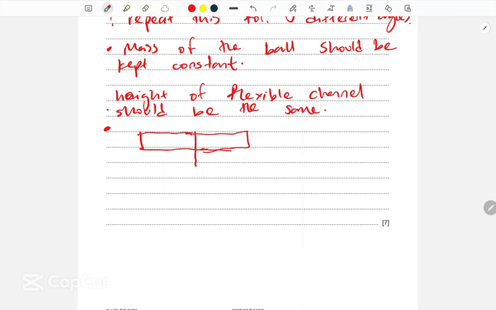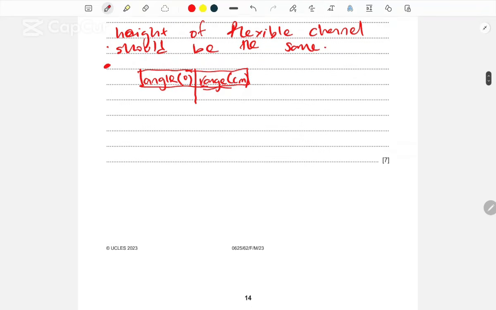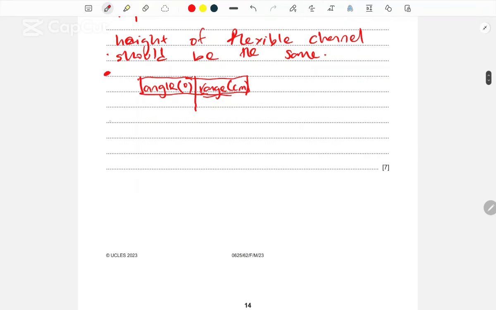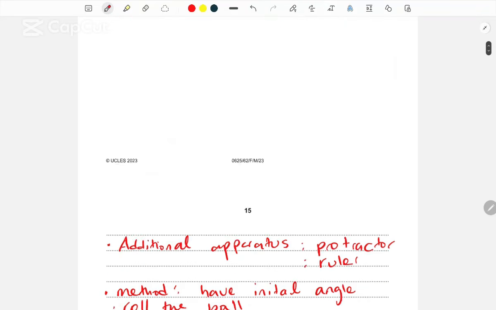And then one of them, it's going to be angle, and it's going to be in degrees. We should never forget the units. They also mark the units. And the second one is the range, which could be in centimeters.